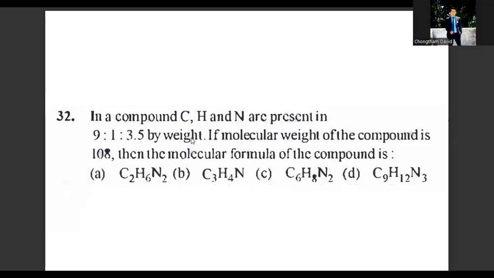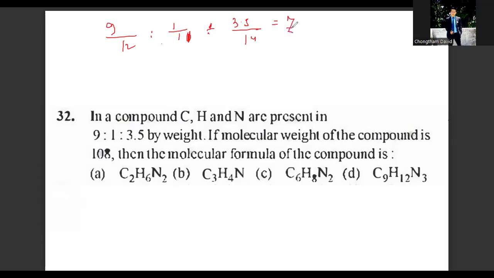So empirical formula would be, so this is the ratio of number of atoms: 9 divided by 12, 1 divided by 1, and 3.5 divided by 14.